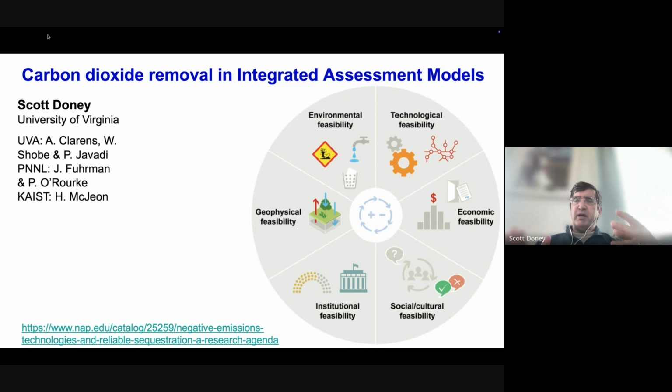We do try to look at resource locations and transportation costs. So when we did GCAM-USA, we were looking at enhanced rock weathering. It's really expensive to mine bulk rock and move it, so we put in costs for transportation.